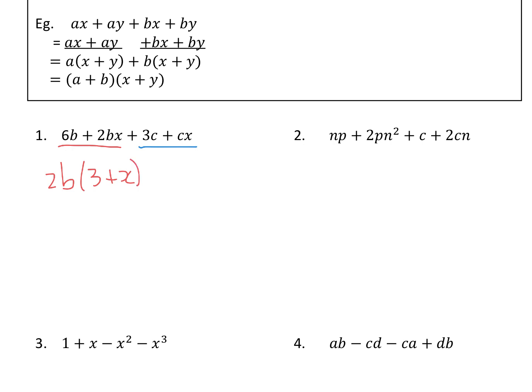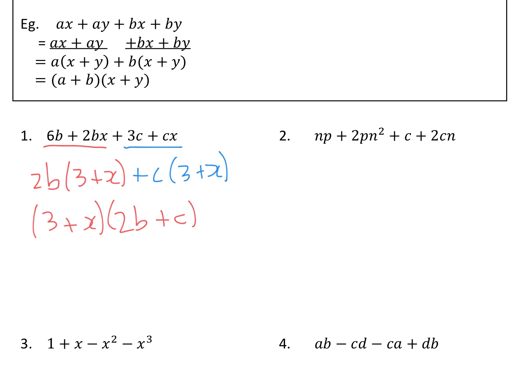If you look at the second pair of terms, we've got a c that's common. c times 3 gives 3c, and c times x gives cx. You'll notice that these two brackets are the same. So if we factorize out the 3 plus x, we would have (2b plus c) times (3 plus x).